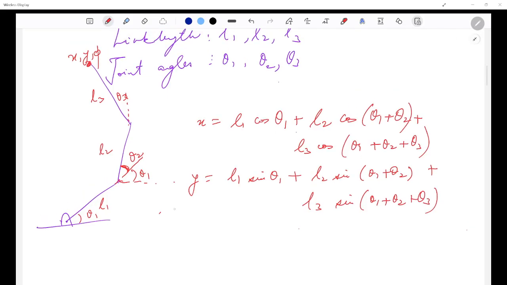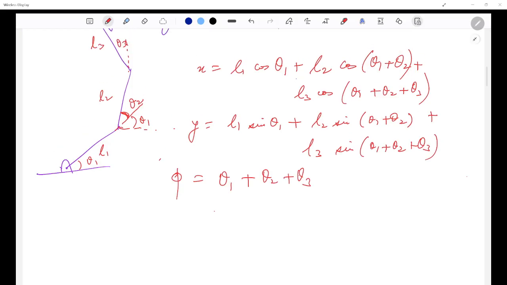And the orientation at the end would basically be a combination of the 3 thetas. So what do we observe here when we write this? This is very important. This you can always do. It is even more simplified for a 2R robot. You do not have the theta 3 and L3 terms coming in. That's it.